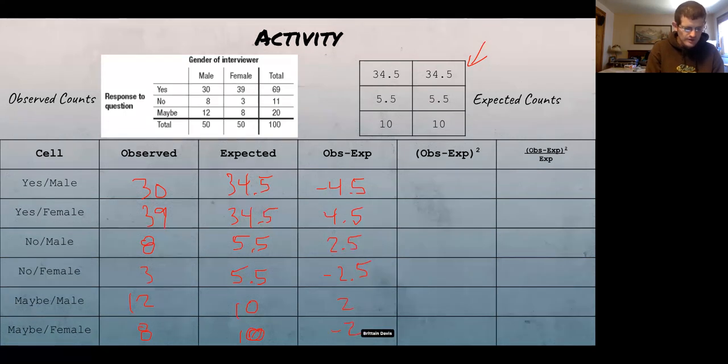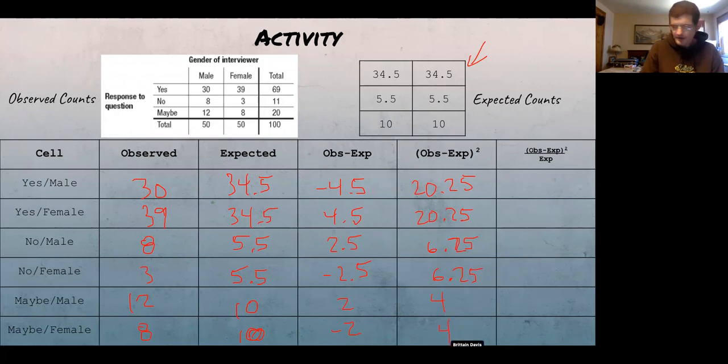Square this, and I'm going to get 20.25 both times, 6.25 both times, because the negatives cancel out. It's 25. And this will be 4 both times.